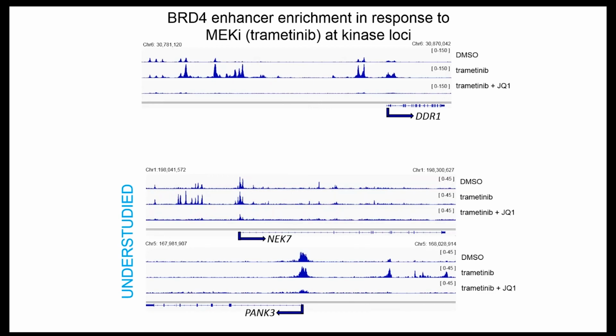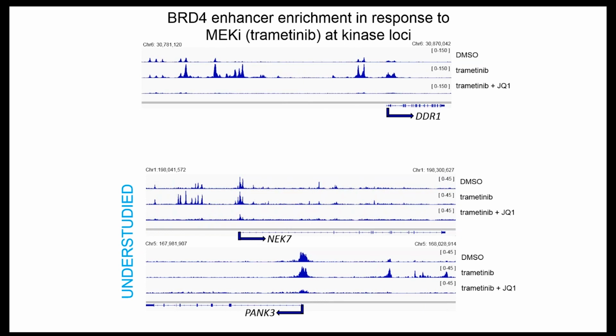What we really have now is a snapshot of the functional kinome and their integration and regulation in terms of transcriptional regulation at an epigenomic level: the understudied kinome is tightly integrated into the studied kinome in terms of its regulation. And so there's a different set of understudied kinases transcriptionally regulated, for example, in response to MEK-ERK inhibition versus PI3 kinase AKT inhibition.